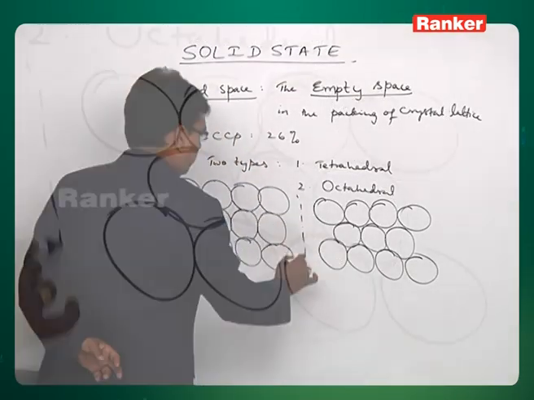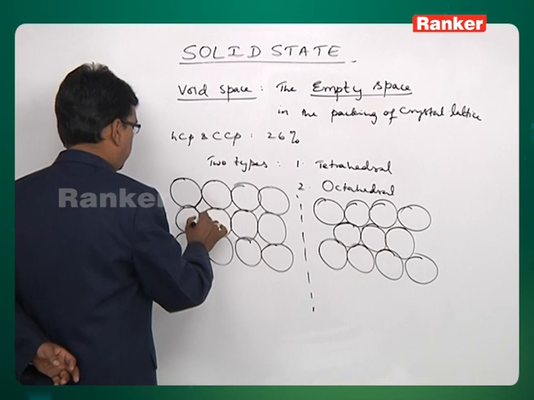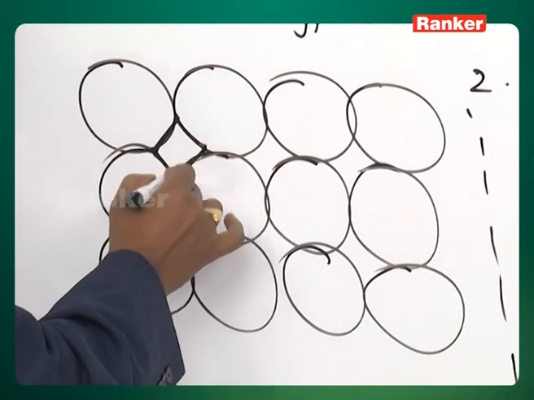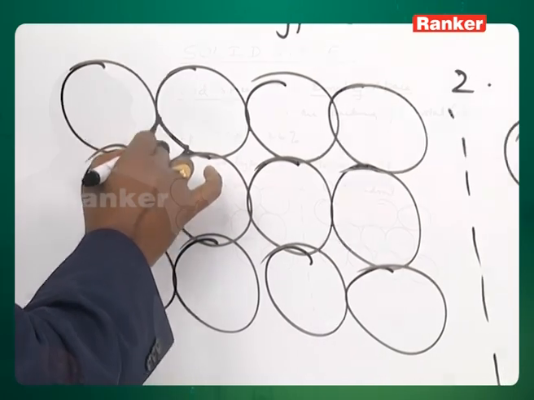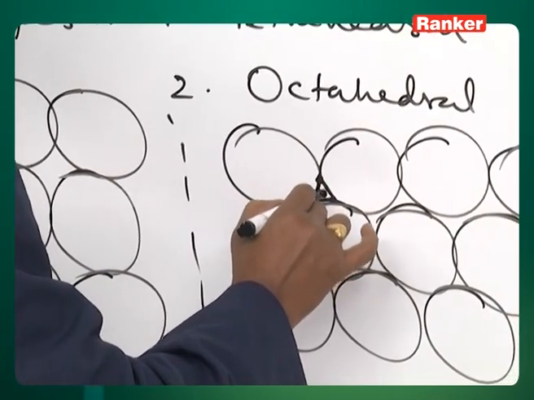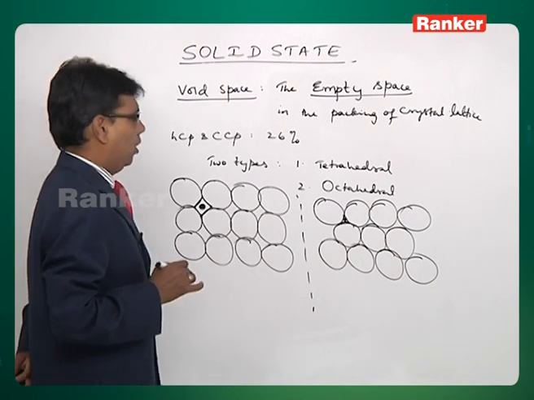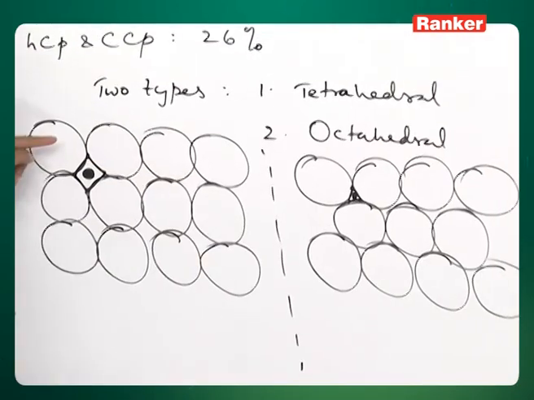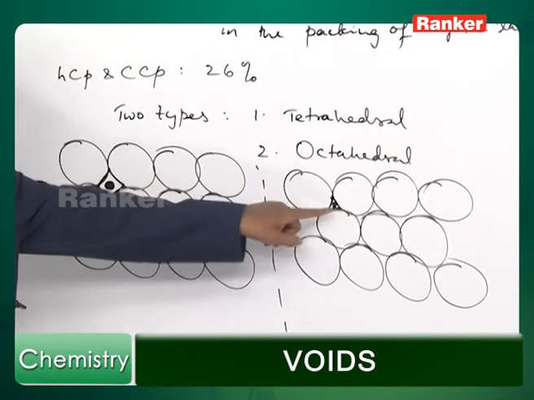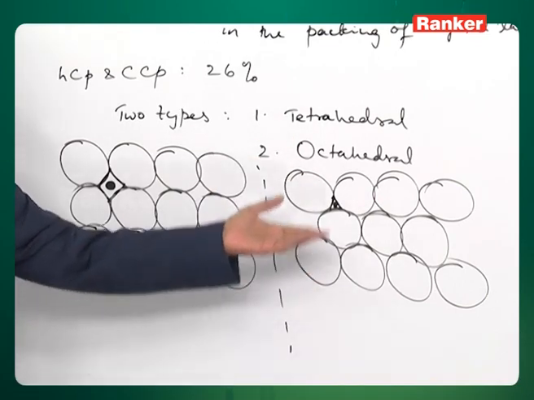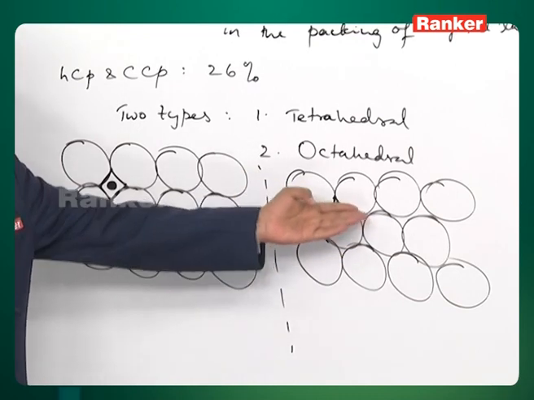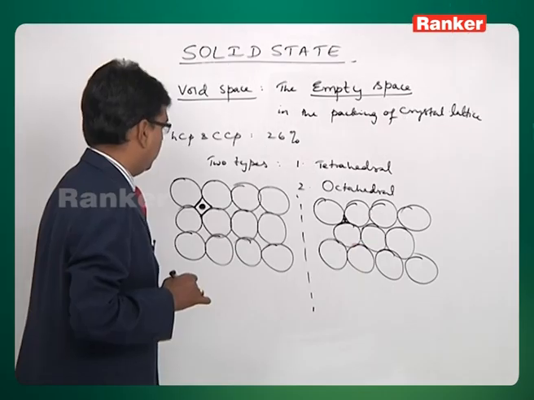If you compare the two, here this is a square void, and here you can keep one sphere, and this is a trigonal void, and here you can keep one sphere. As you can see very easily, in this arrangement the void space is more, this being a square void, and here the void space is less. That is the reason, in fact, this is the arrangement in both HCP and CCP, where the void space is less and the packing efficiency is more.